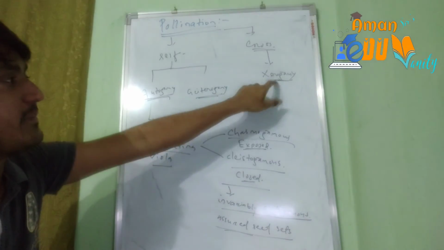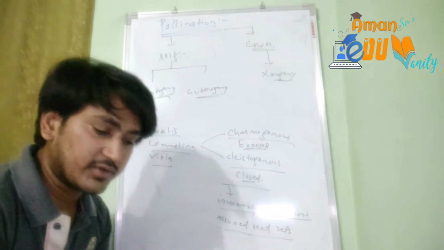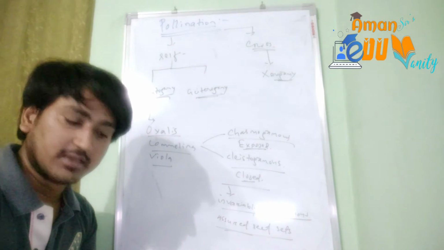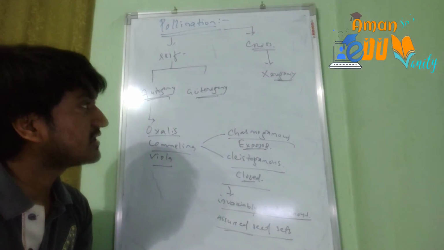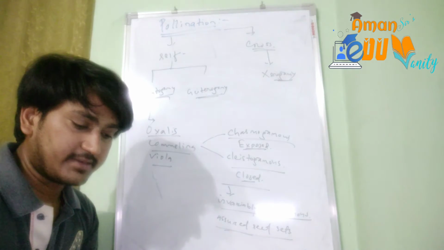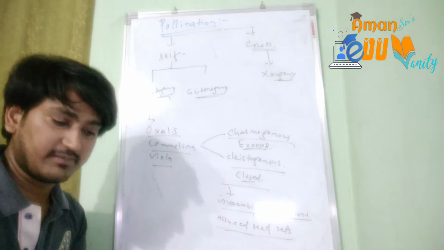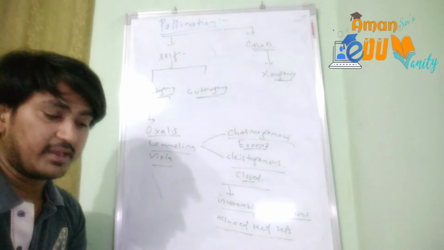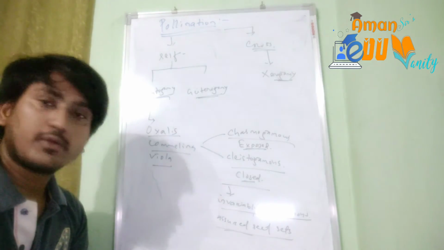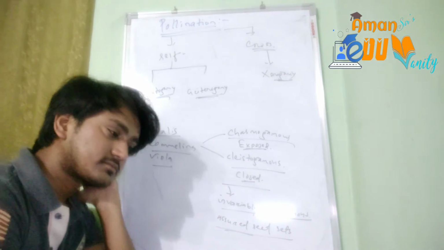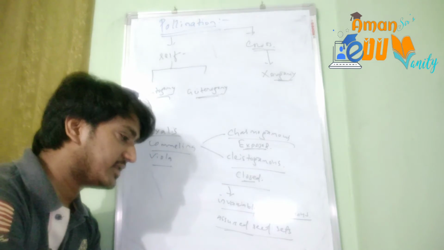But xenogamy is a different case. Xenogamy refers to the transfer of pollen grains from the anther to the stigma of flowers of another plant. So that's why it will bring genetic variations. These are the three kinds of pollination.